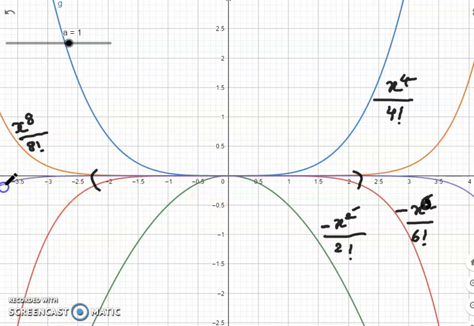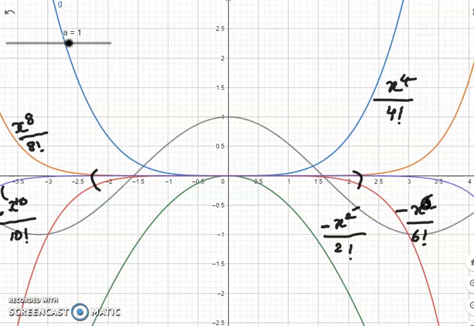As the curve is oriented towards the minus x-axis, this is minus x power 10 divided by 10 factorial. Now I am going to add all these functions together and see what will happen.